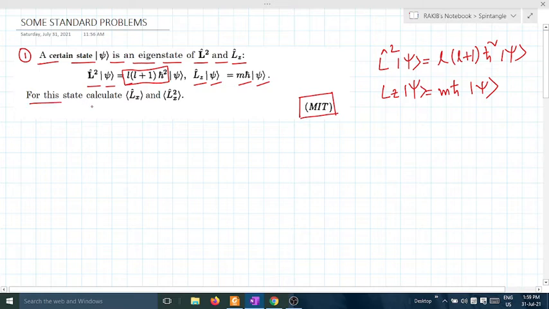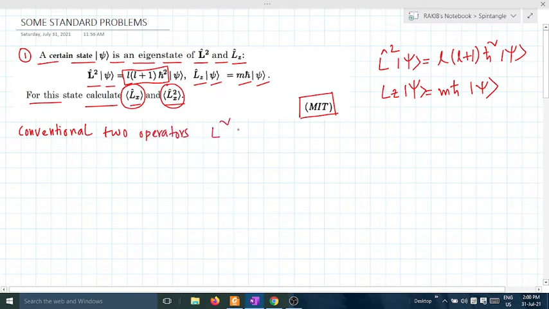For this state, calculate the expectation values of the Lx and Lx square operators. We know the conventional two operators are L square and Lz.